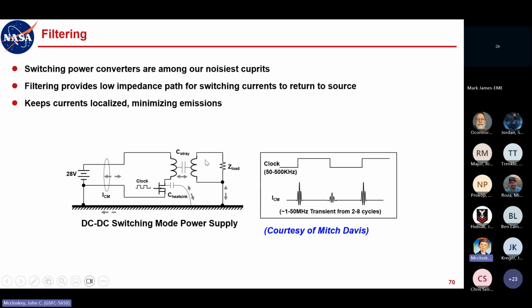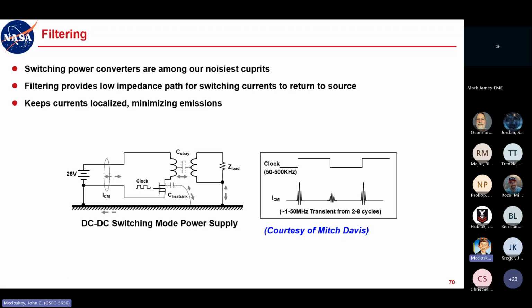But you're taking an AC signal that you've created from this DC input, and now you want to convert it back into a DC signal. Well, you need filtering to minimize that ripple, right? The very nature of this process generates a lot of ripple and a lot of noise, particularly common mode currents at these transitions. So filtering is all about providing a low impedance path for switching currents to get back to their source, and it keeps the currents localized to minimize emissions.